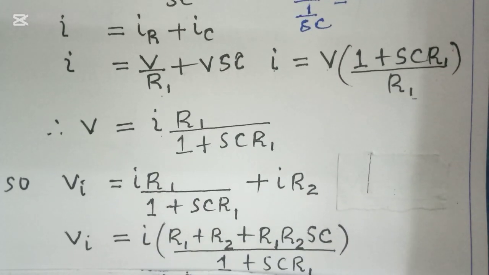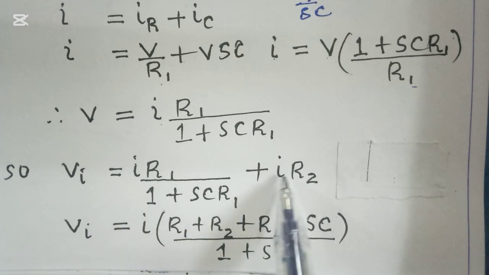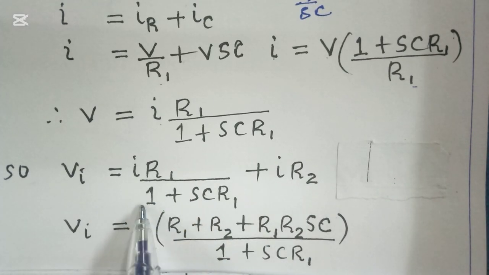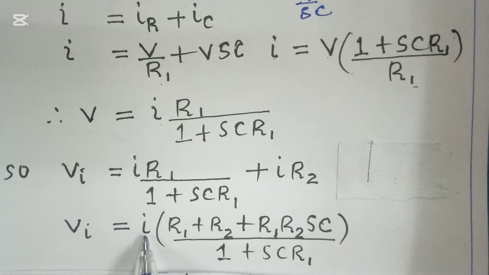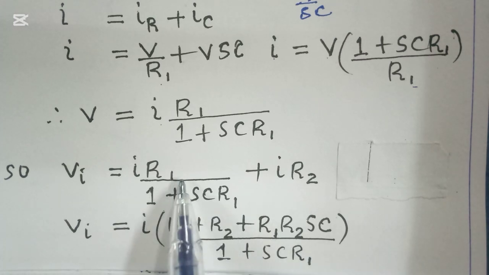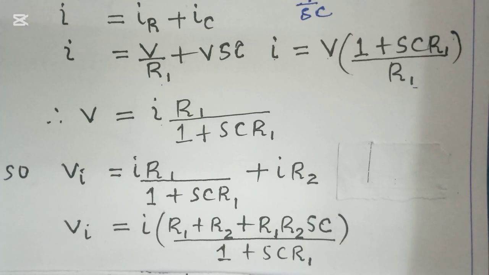As you can see, we can factor out the I because it is the same for this term and this term. We bring the I here, then combine these two equations and add them together, and we get something like that.